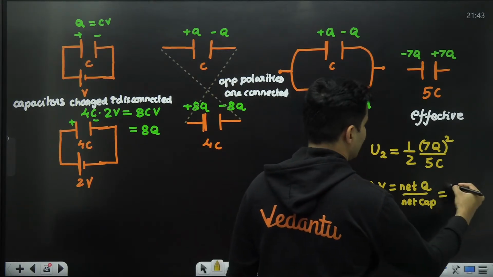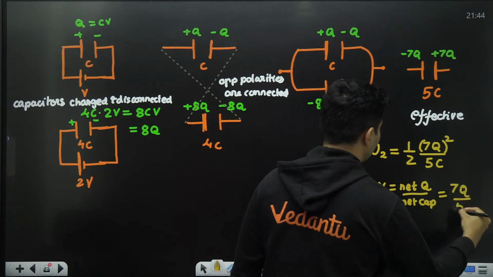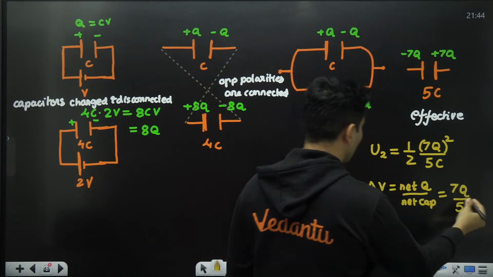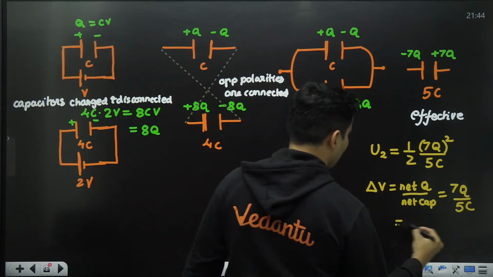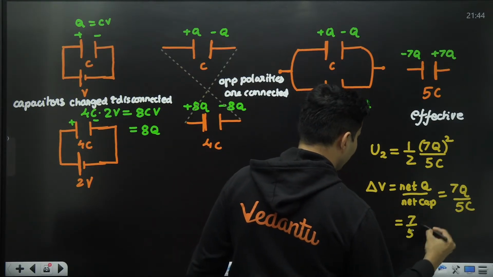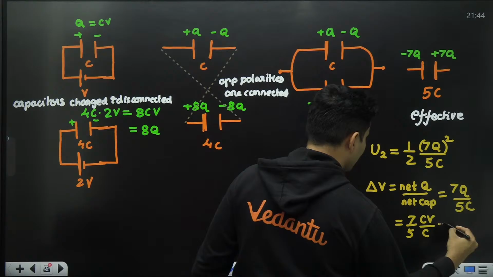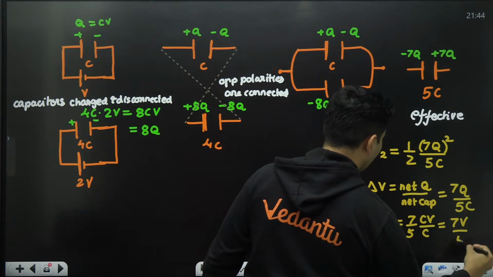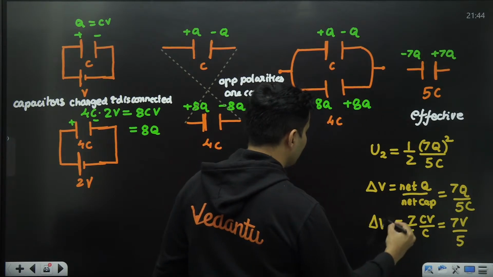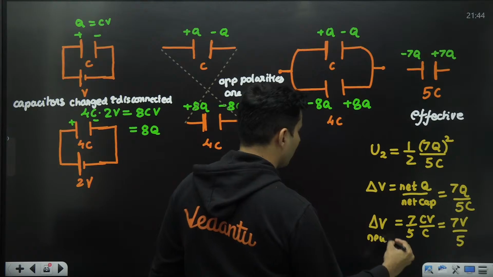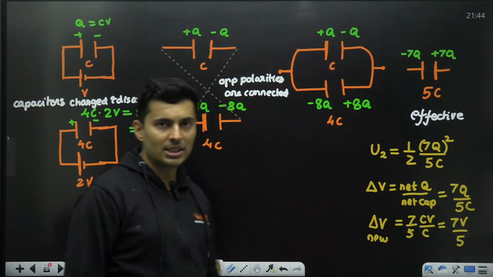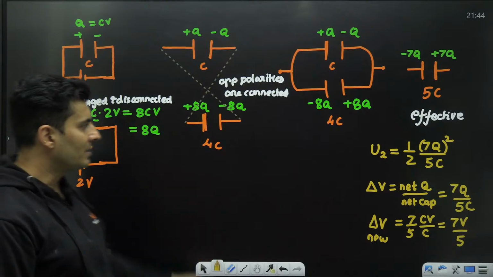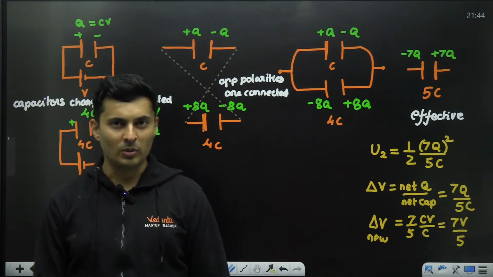So net charge is 7Q, net capacitance is 5C. So that's what it will be. But Q is CV, so 7 by 5, CV by C. So it will be 7V by 5. So that is the new voltage difference across the capacitances. We can also find the new energy, old energy, though it is very simple, but this is how you do these problems.